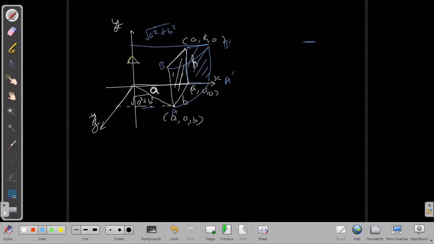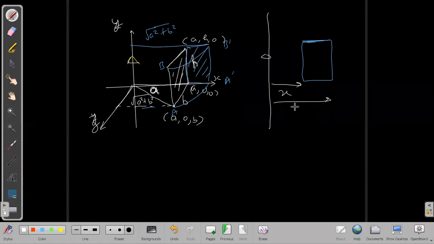So what will be the dimensions of this plate now? This length will become, I can take it like the previous cases we have done before. At that time I told you that it changes from x to x plus a, but now it is not changing from x to x plus a. Now it is changing from a to the root of a square plus b square, and the height is h.